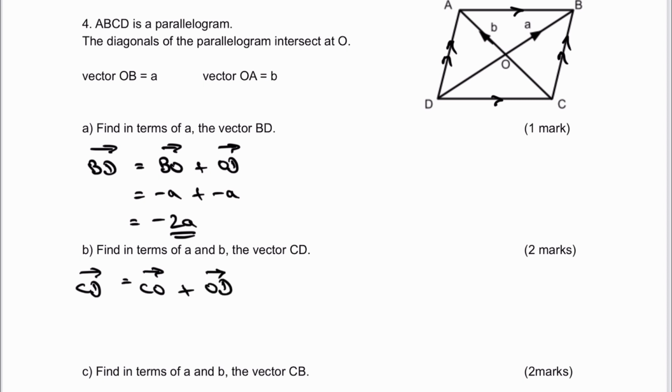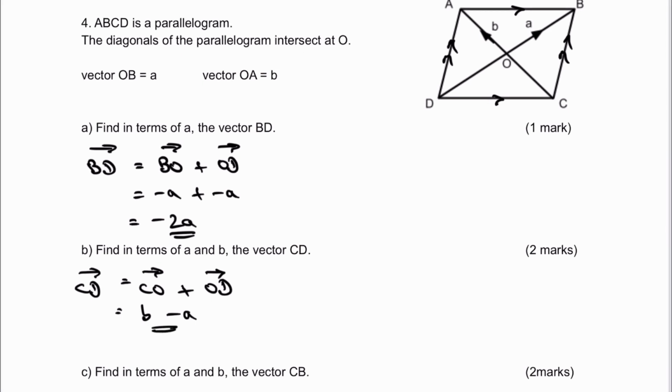Okay, well, CO, as we mentioned before, is actually going to be the same as OA because it's a parallelogram, so that's going to be vector B. And then OD we've actually already got from above, and OD is going to be minus A. So therefore it's going to be B minus A, and that would be the answer to question part B.